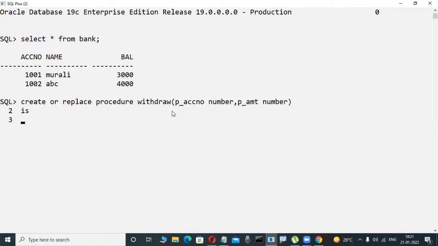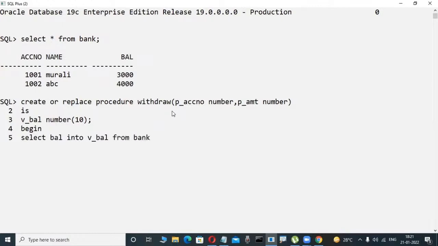Now some code is there. I want to find out the balance. Whenever we insert an ATM card, then we try to retrieve, it checks the balance. Now check it out. Concentrate here. Some code is there: select balance into v_balance from bank.